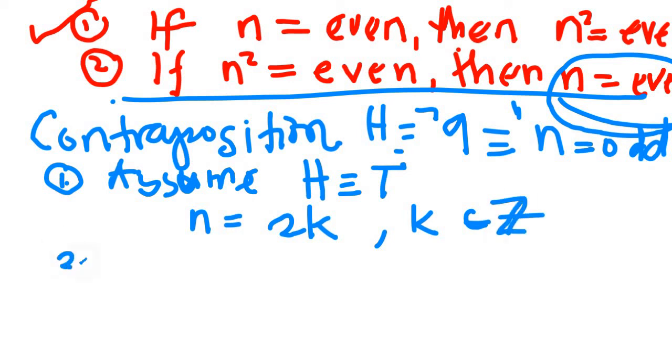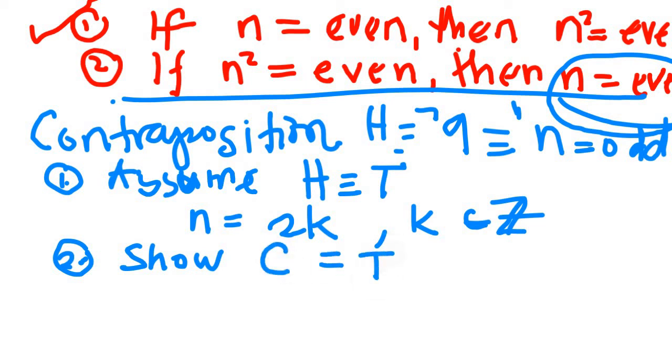And secondly, we're going to show that the conclusion is also true. Again, the conclusion here will be the not of P, which is n squared is odd.